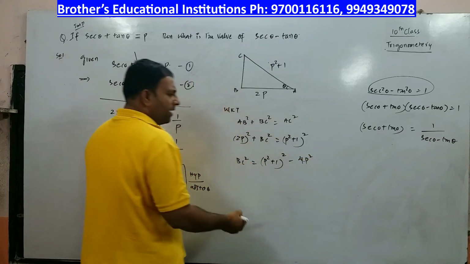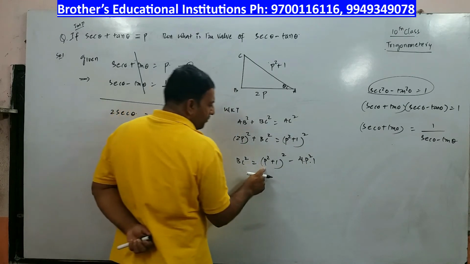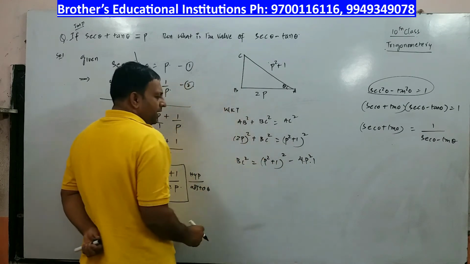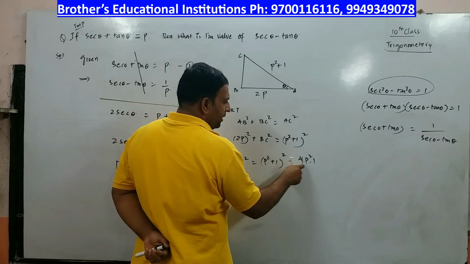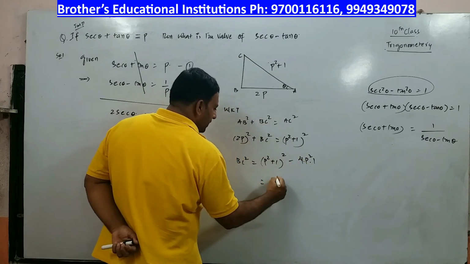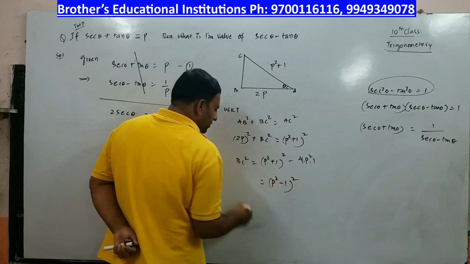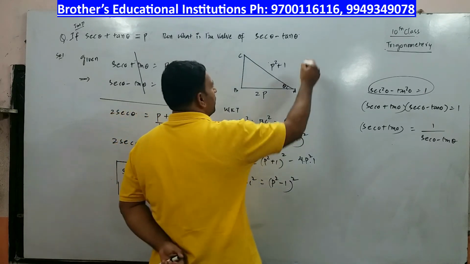Now 4P square I will write as 4 into P square into 1. Now if I read this carefully, if I read P square as A and 1 as B, this will become (A plus B) whole square minus 4AB. What is (A plus B) whole square minus 4AB? It is (A minus B) whole square. So that is your trigonometric identity. Please try to understand. I write a formula for you.